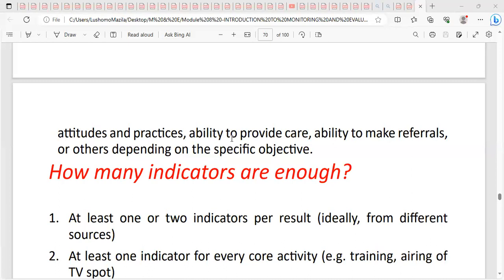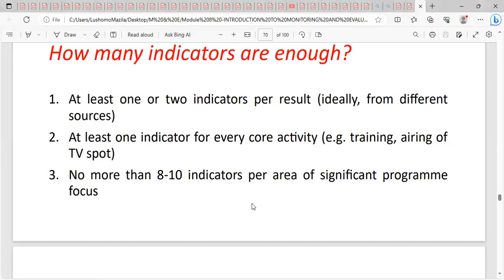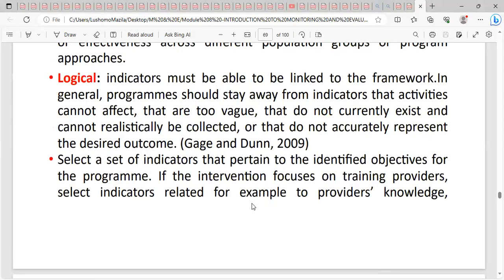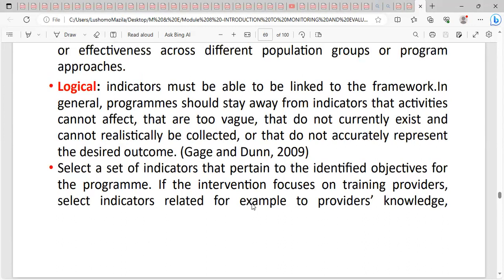At the moment, we are on the indicators. Last time when we met, we were looking at the indicators, where we said indicators are clues. These are just signs put to help you know that you are in the right direction.